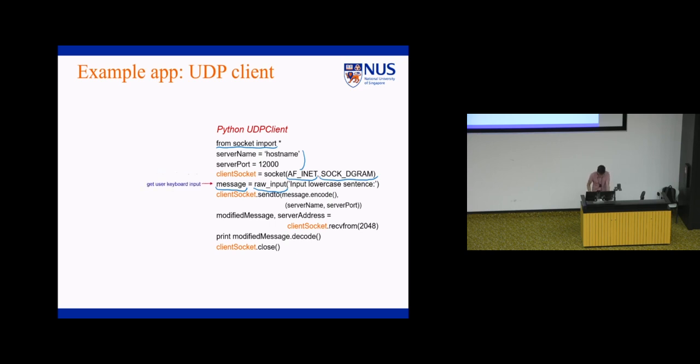So it gets user keyboard input. And then with this sendto method, we will send the first field, the message.encode, to this server name and the server port number. So it's just a method.